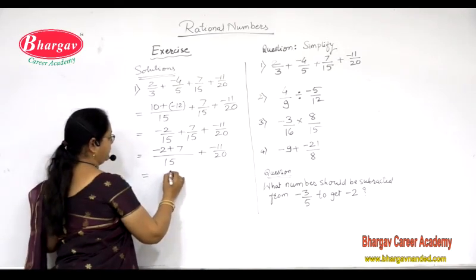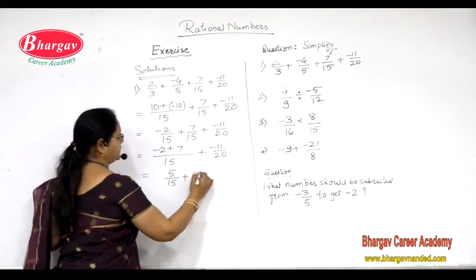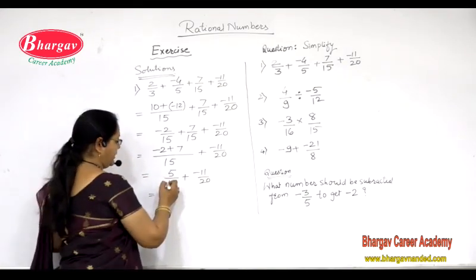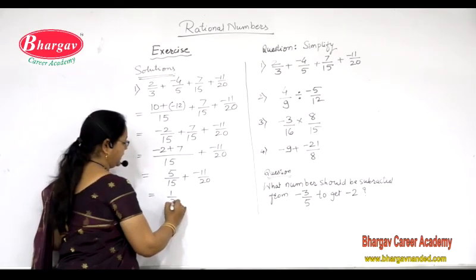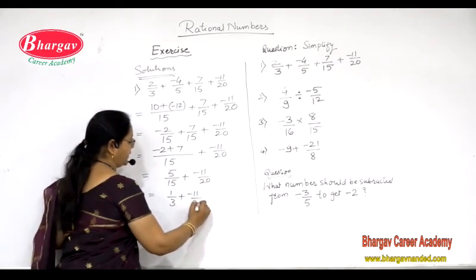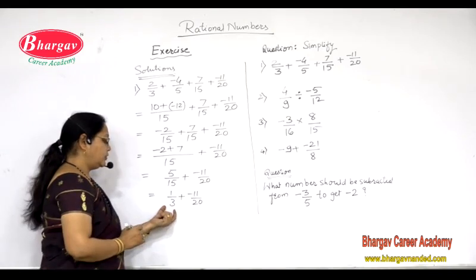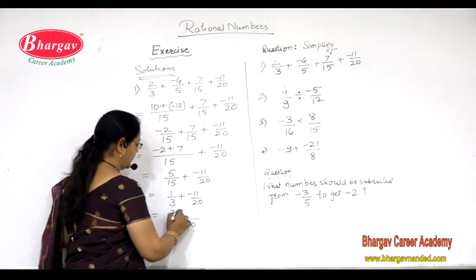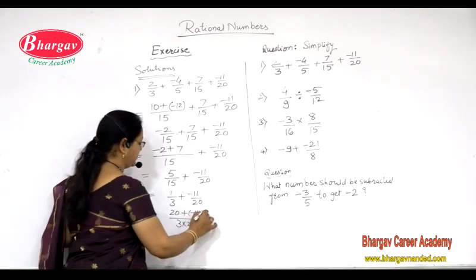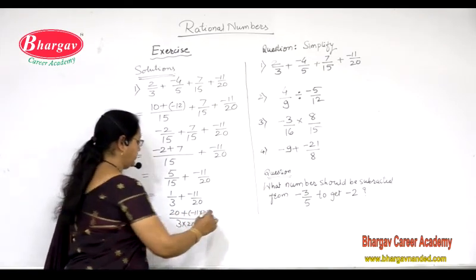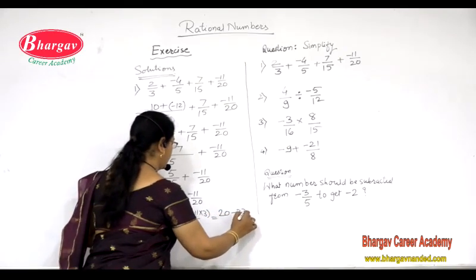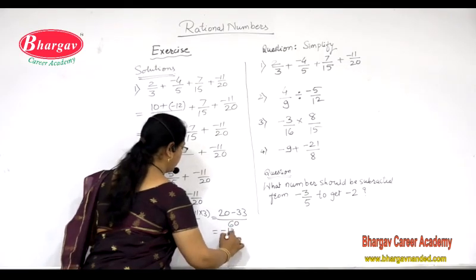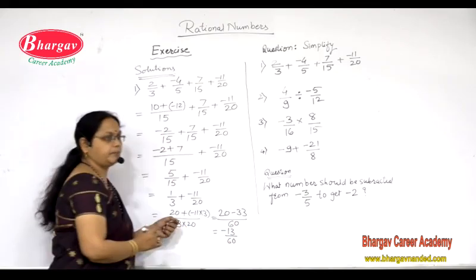So we get 5 by 15 plus minus 11 by 20, and here we simplify this as 1 by 3 plus minus 11 by 20. So here we need to take the cross multiplication, 3 into 20, that is 20 plus minus 11 into 3. So it will become 20 minus 33 divided by 60, and your final answer is minus 13 by 60.